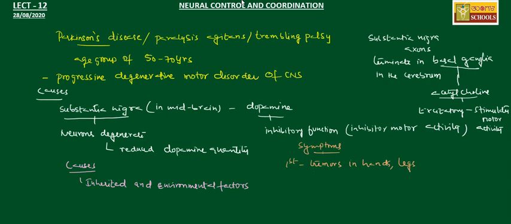These tremors are prominent when resting rather than while moving, so they are seen very clearly at rest. There will be movement in the hands and legs. So that's tremors.